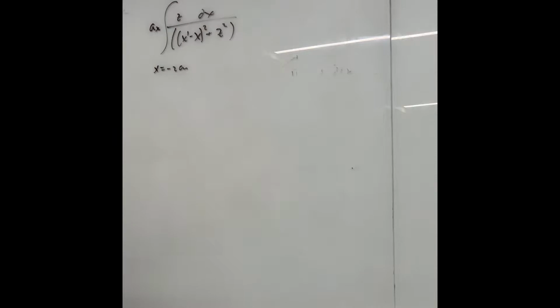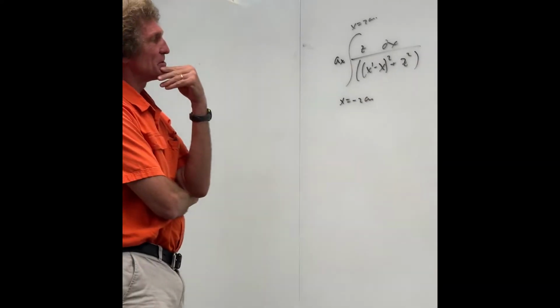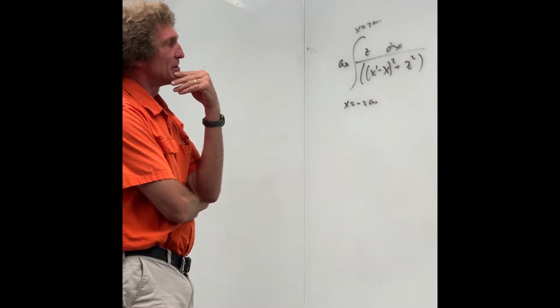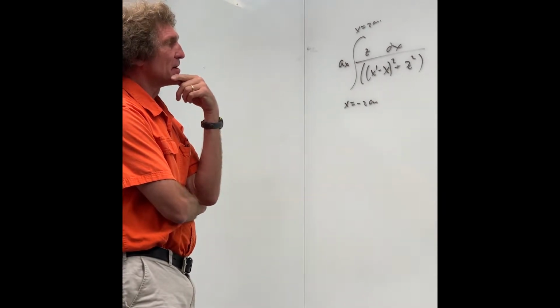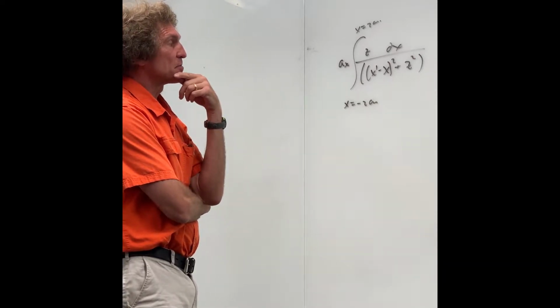On this one, the problem is I've got to get a differential. If I make u squared equal to x prime minus x squared plus z squared, then 2u du would be 2x prime dx prime.